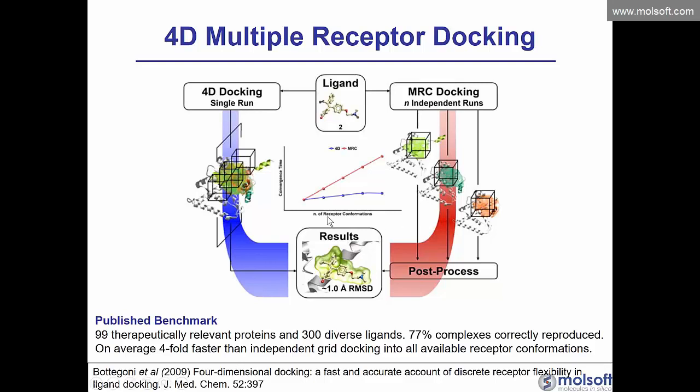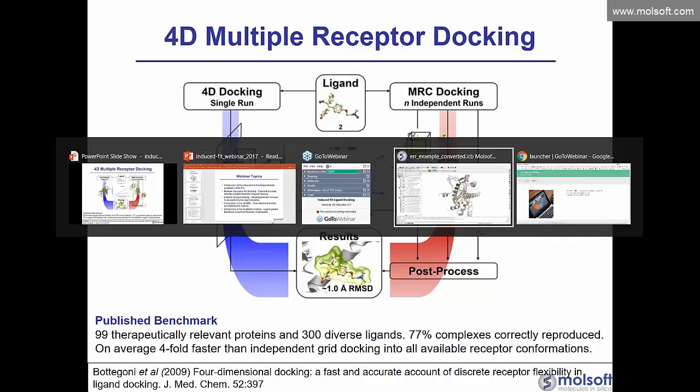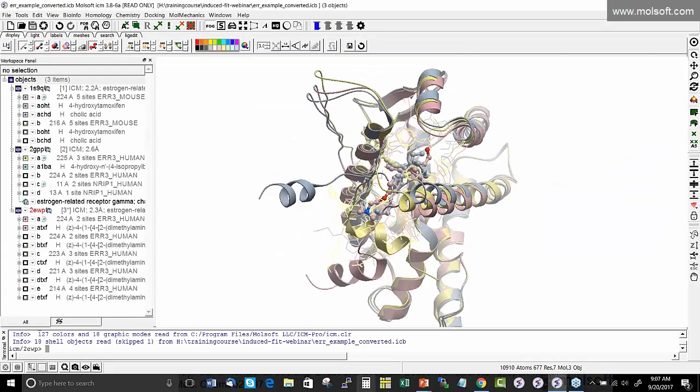So how do we do this practically in ICM? I've just clicked on the icon and loaded the ICM graphical user interface. Here we have 3 protein structures of the estrogen-related receptor, which is an orphan receptor that acts as a constitutive activator of transcription.